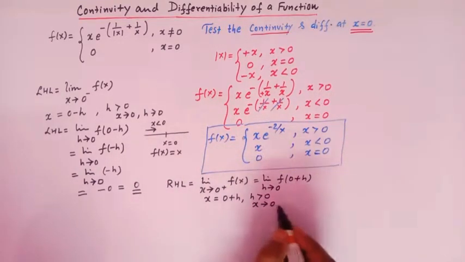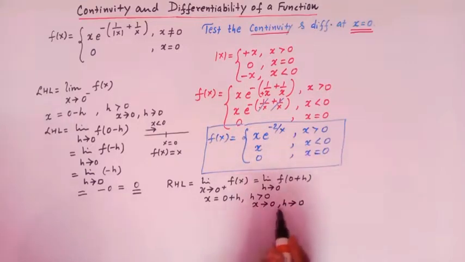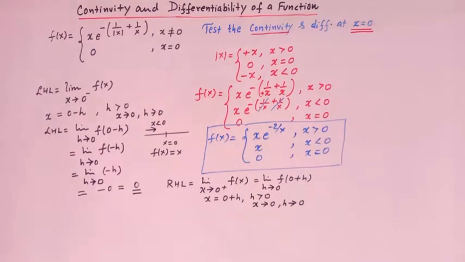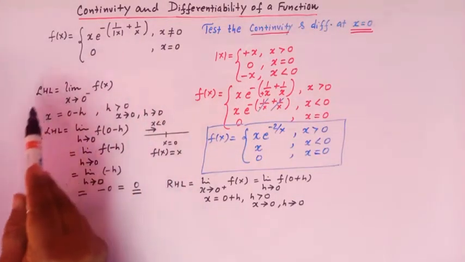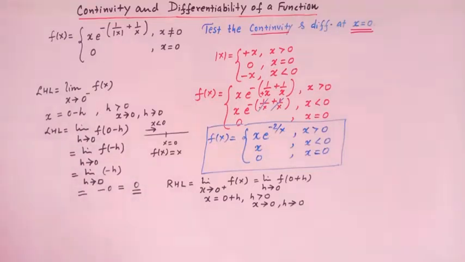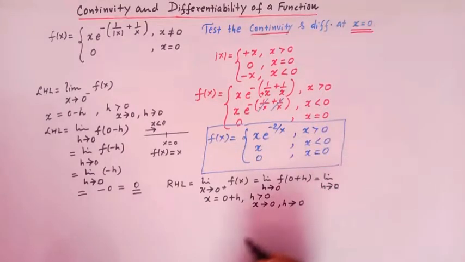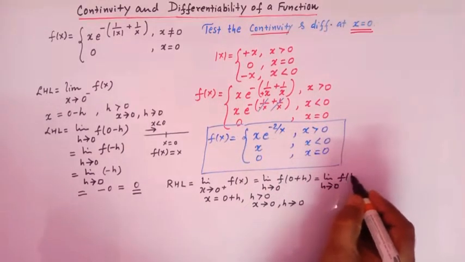Whenever x tends to 0, h tends to 0, right? So I am writing here all the steps while calculating the left hand limit and right hand limit. So here we have limit h tends to 0, and this is f of h.